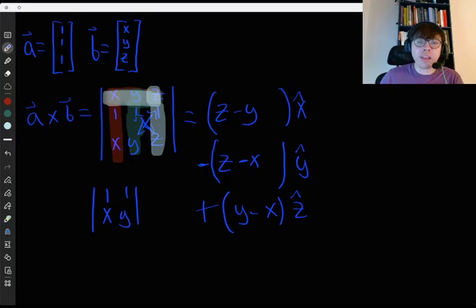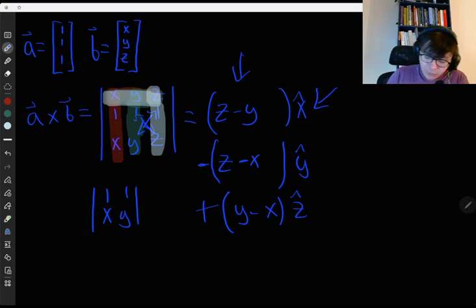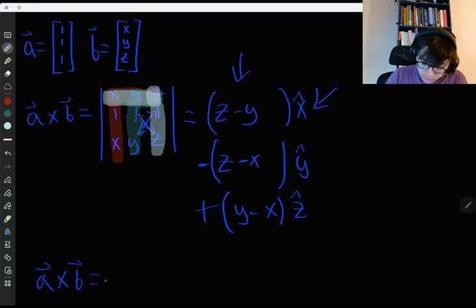The cross product is a vector product that returns a vector, right? So you see we're left over with a vector. We have components and we have direction. So we have a vector. And so the answer to this problem using this computation formula, I prefer writing it this way.